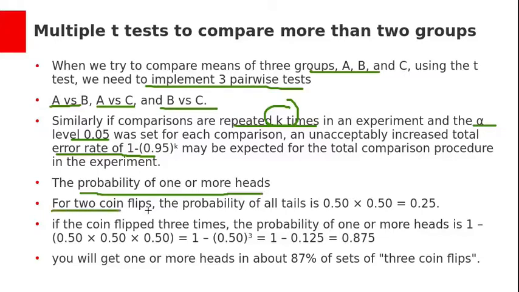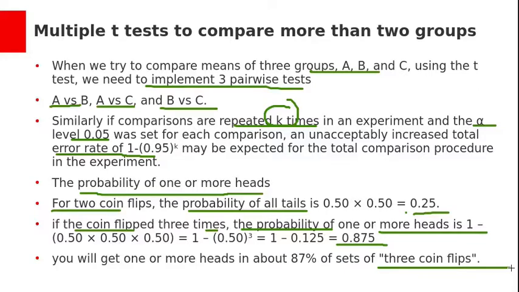For two coin flips, the probability of all tails is 0.5 times 0.5, which is 0.25. You subtract this from the total probability 1. So if the coin is flipped 3 times, the probability of one or more heads is 1 minus 0.5 cubed. The result is 0.875. You will get one or more heads in around 87% of sets of 3 coin flips.